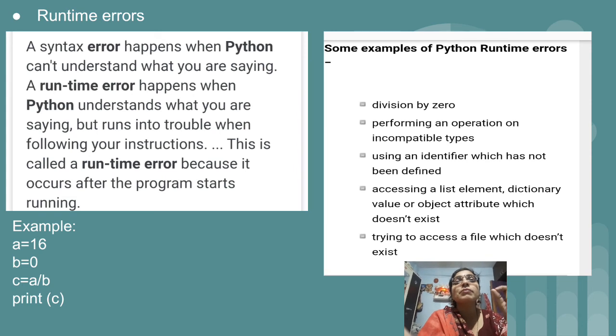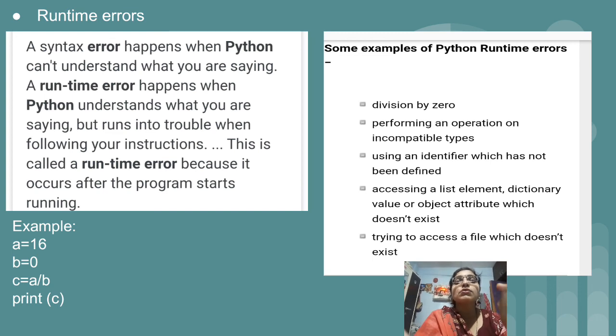So for runtime error, a equal to 16, b equal to 0. In any programming language, when you try to divide any number by 0, you will get a divide by 0 error. The same example I have given: I have initialized a equal to 16, b equal to 0, and then I am performing a divided by b, and I want to store the final answer of a divided by b in the variable c, and then print c.